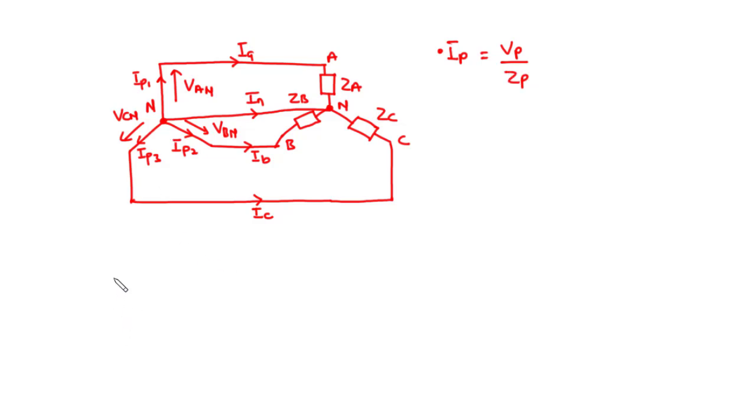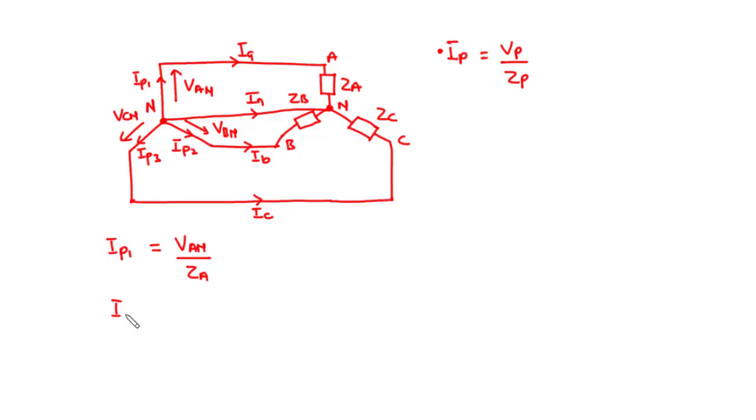So for this case, we have the phase current Ip1 equal to the phase voltage, which is Van, divided by the phase impedance Za.